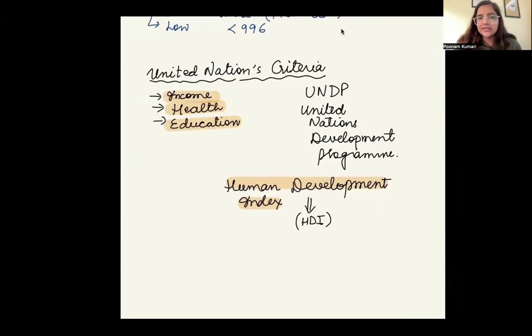You have picked up all these criteria, tried to combine them and create a single index, and based on that index you have tried to categorize countries from very high level of development to low level of development. This is the United Nations criteria of classifying countries based on the level of development, using the Human Development Index.